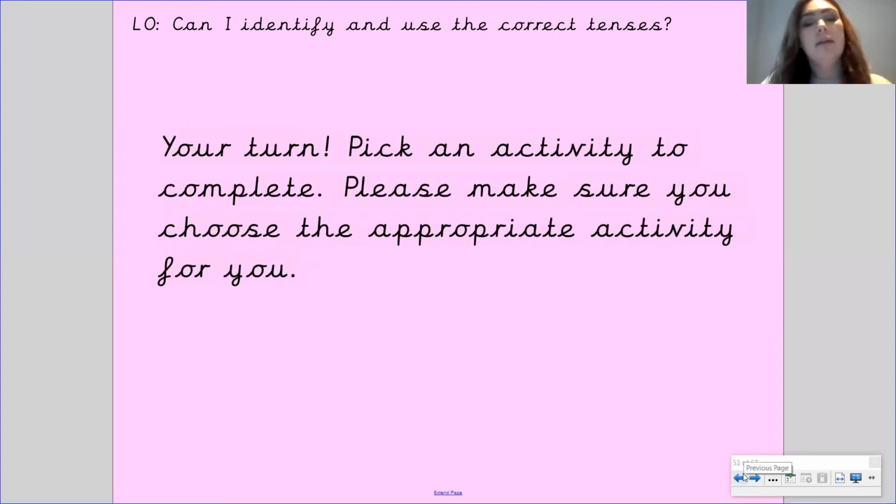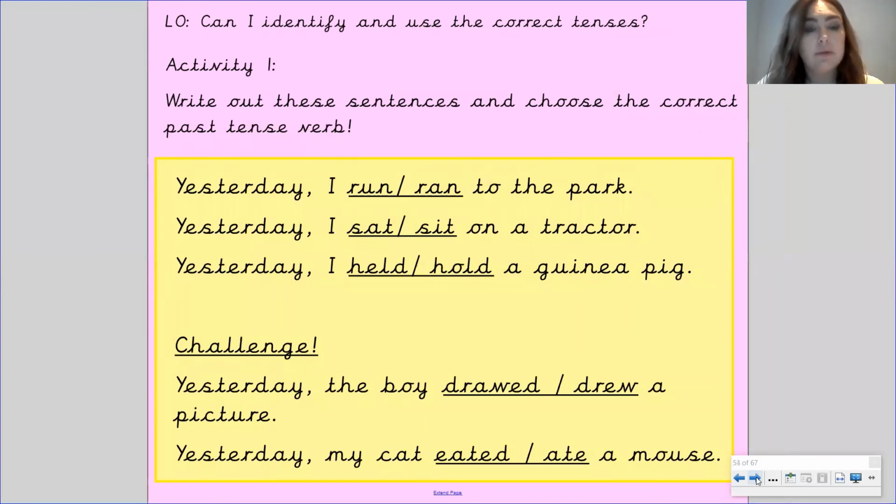Okay, your turn. I want you to pick an activity to complete. Now, please make sure this is the appropriate activity for you. So, activity 1. I want you to rewrite these sentences and choose the correct past tense verb. So is it yesterday I run or ran to the park? Yesterday I sat or sit on a tractor.